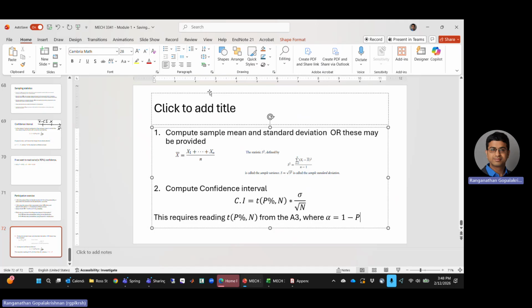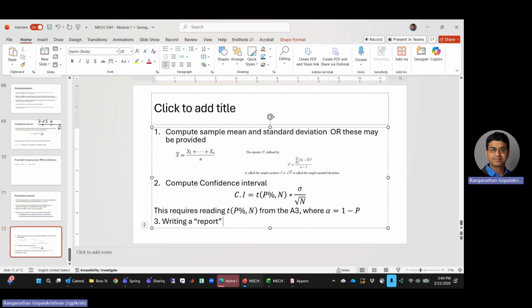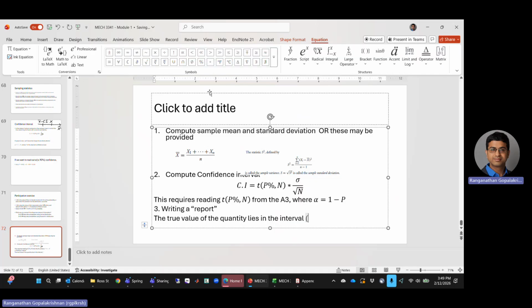The third step is writing a report. I mean, writing the true value, something like this. The true value of the quantity that we are seeking lies in the interval, we'll call the sample mean as x bar.